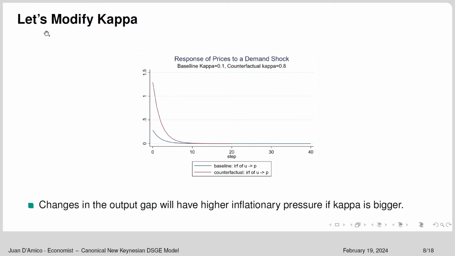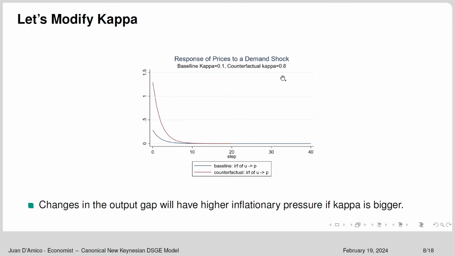We can modify the value of kappa and see what happens. We can see what is the response of prices when there is a demand shock. This is when the output gap, for example, expands. What happens if kappa is 0.1 and what happens if kappa is 0.8? Now, the baseline is the blue line, and we can see that with a small value of kappa, this is when the prices are sticky, we can see that the impact on prices is not very big.